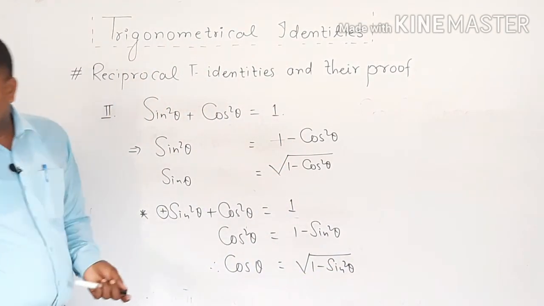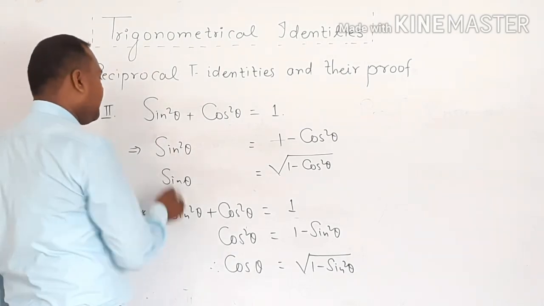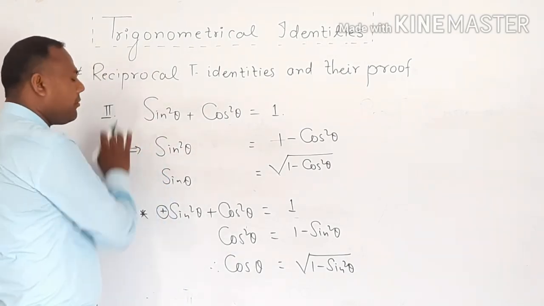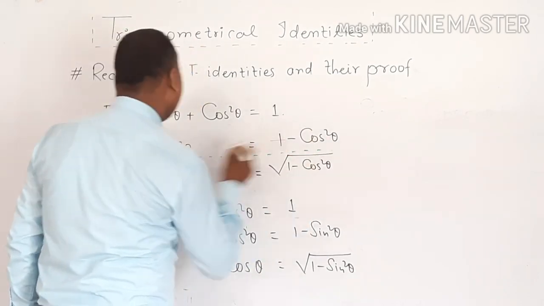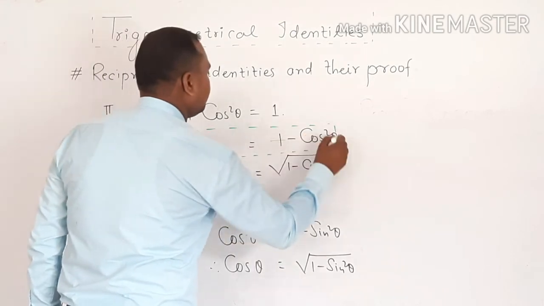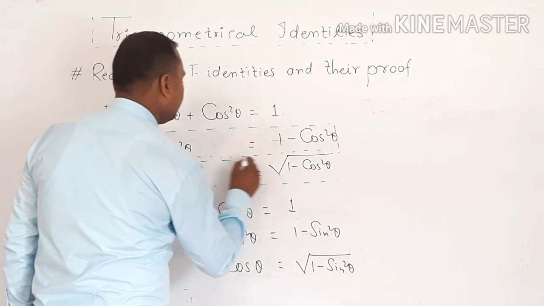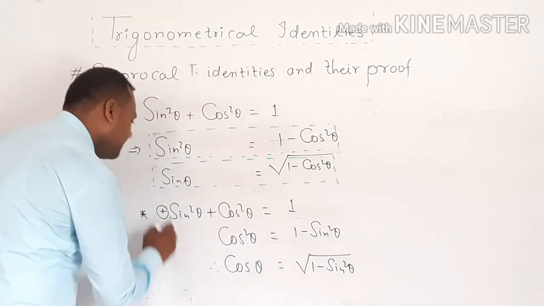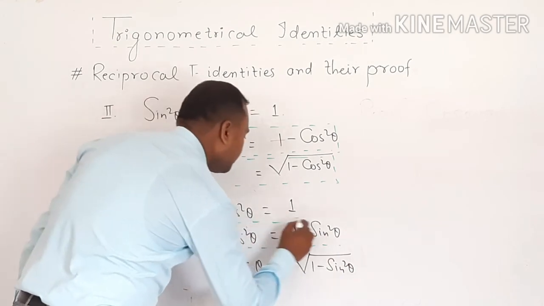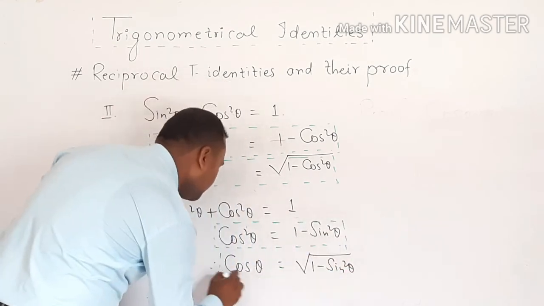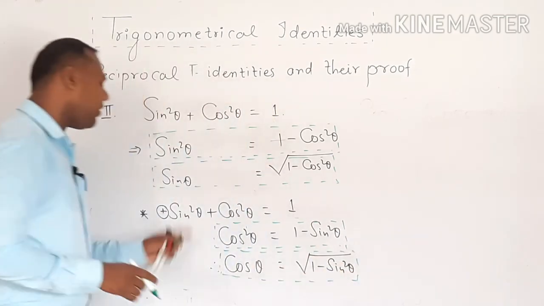That means you can say that we have three formulas. This is the basic formula and these are the alternative ones.